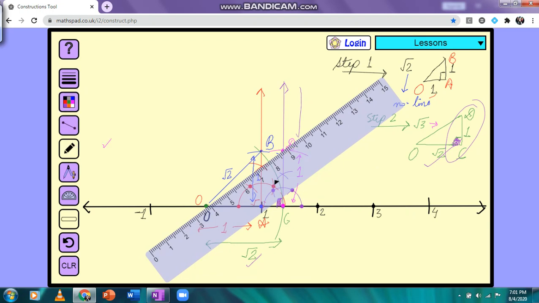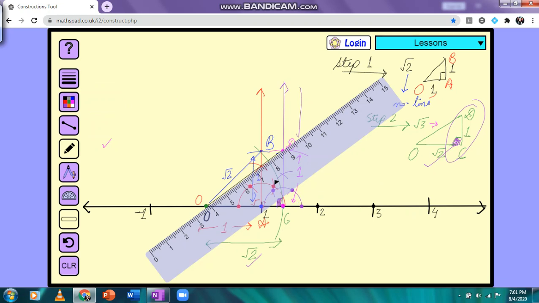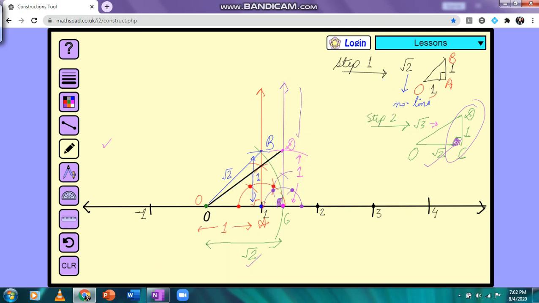So let's join point O with point D. If you want, I can just thicken it so that it's easier to see. This here, OD, represents square root of 3.